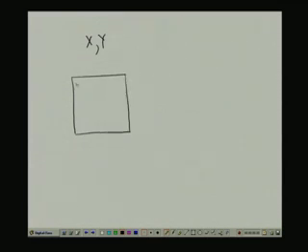Because x can take 2 values, either 0 or 1. Similarly, y can take 0 and 1, so we put y here and x here.